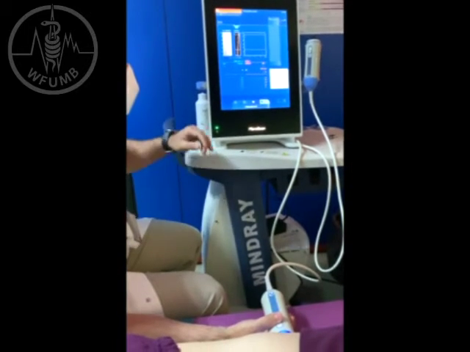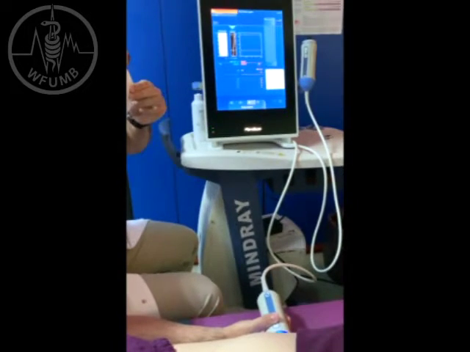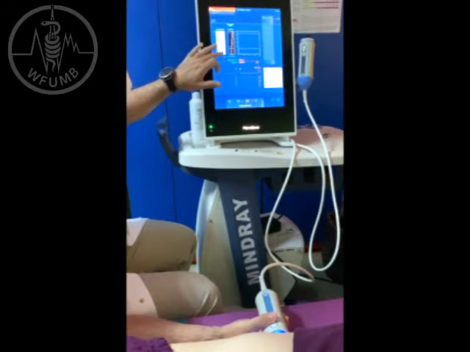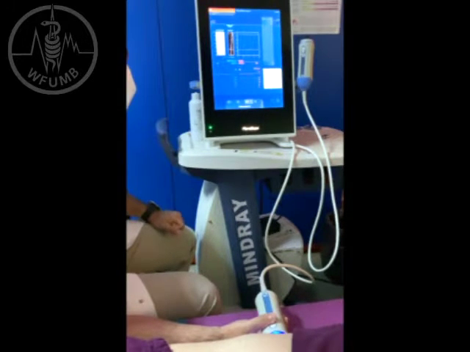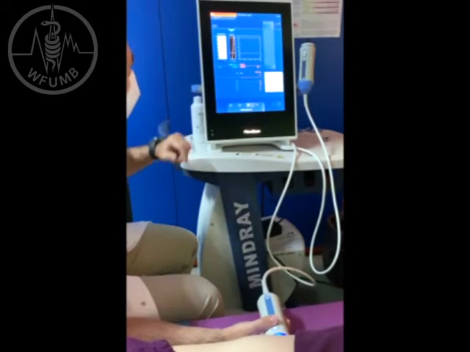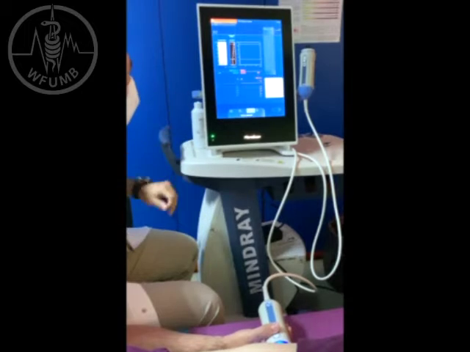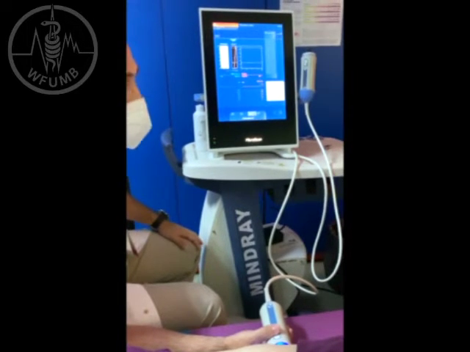As you can see in the image, we have several guiding lines. One guiding line is a bidimensional representation of the liver parenchyma. So when we have homogeneity here and a continuous green line, then we are able to perform the measurements.